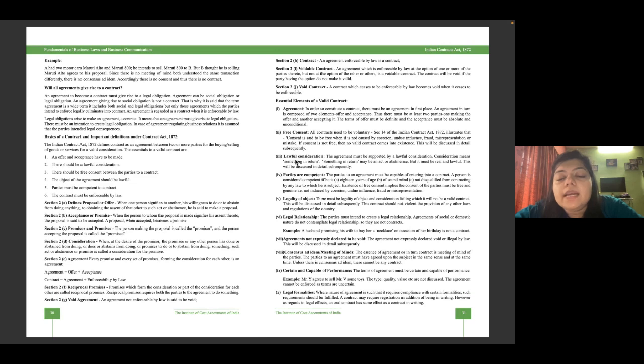So a free consent can be vitiated by multiple factors, which we will be discussing in due course, but a free consent is extremely important.